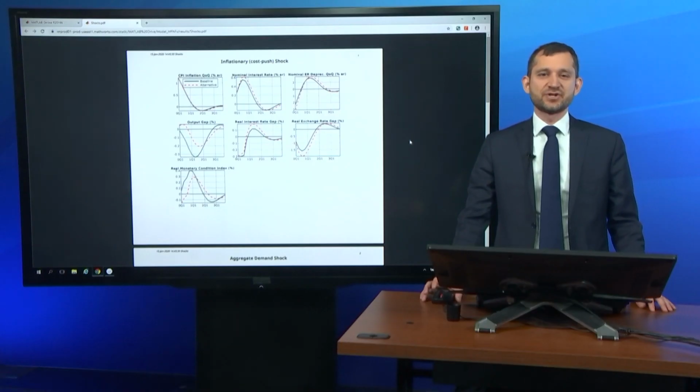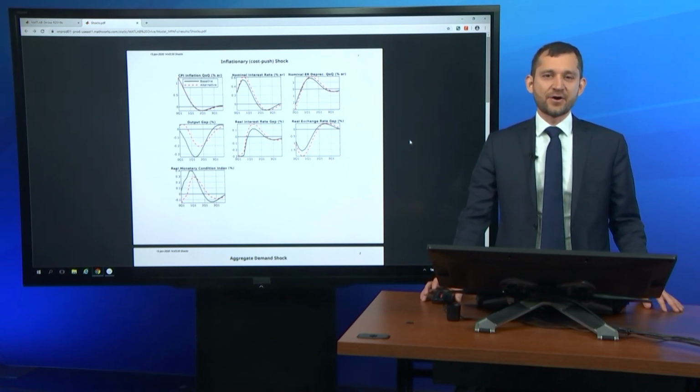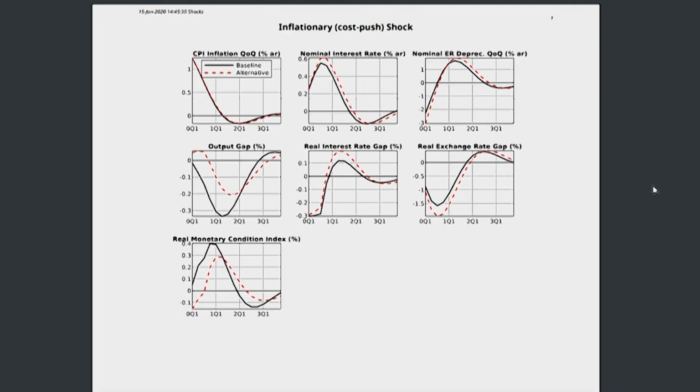The increase in output in reaction to the cost-push shock is again not intuitive. If we see such a result in impulse response function, we would have to revise the calibration. In our case, the problem is the strength of the interest rate channel of the monetary policy transmission to aggregate demand. Because the inflation goes up more than the nominal interest rate in response to the cost-push shock, the real interest rate gap goes negative at the beginning.